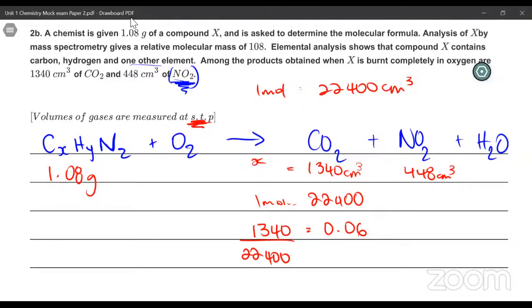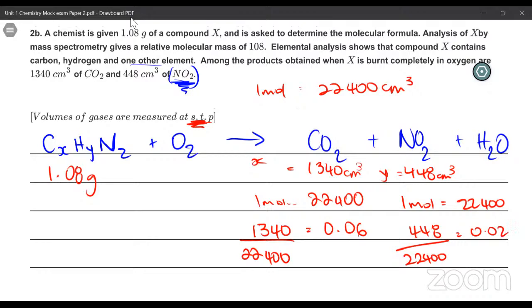And here you have NO2, you have 1 mole being equal to 22,400 again. And you would say 448 divided by 22,400, and that would be 0.02, right?